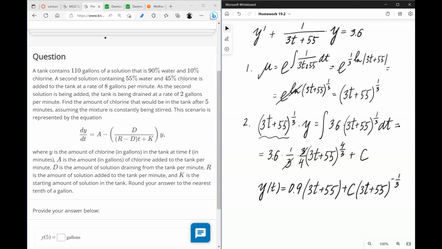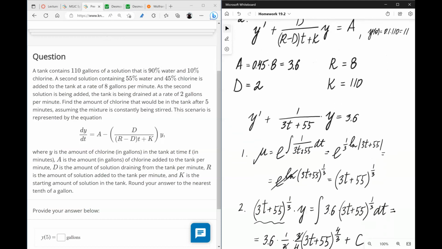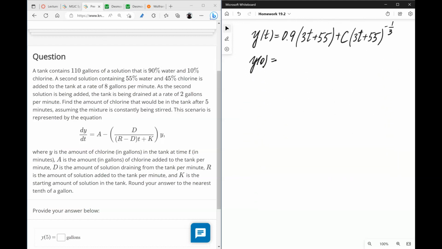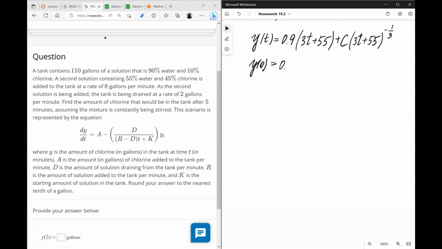And now we can use the fact that at 0 there were 11 gallons, so we can find c. 0.9 times 55 plus c times 55 to the power negative 1/3, all that is equal to 11.